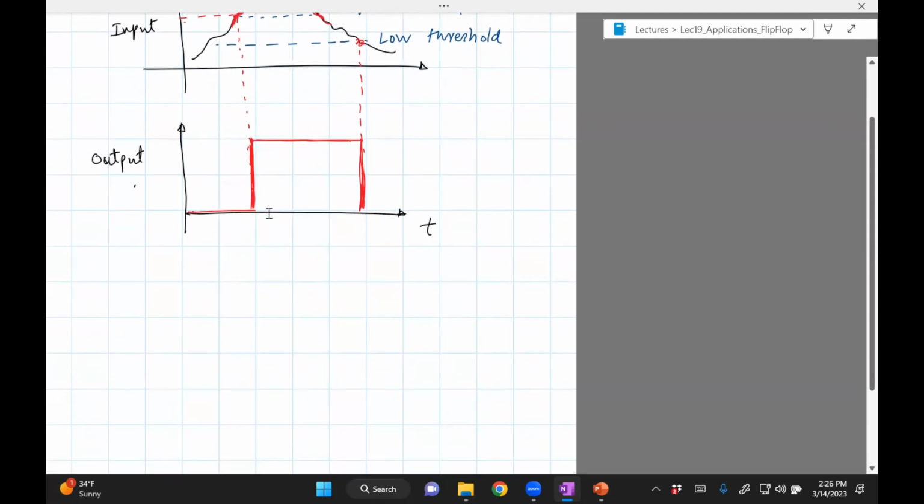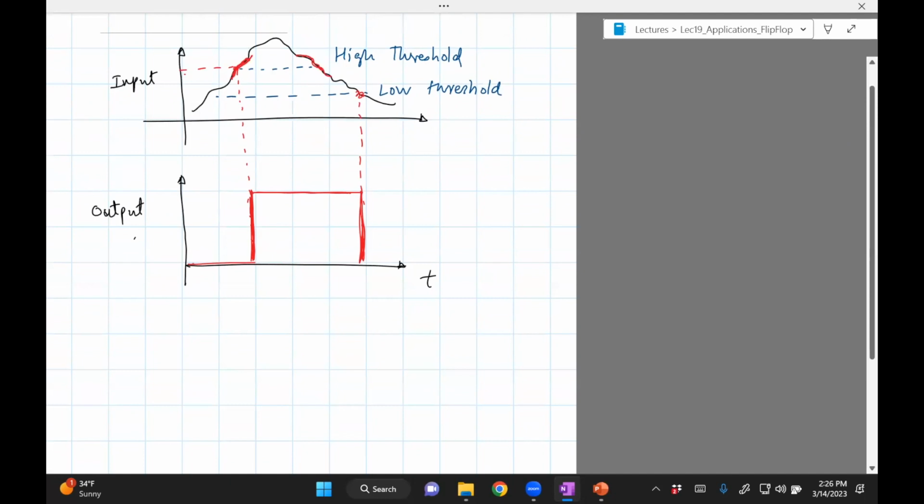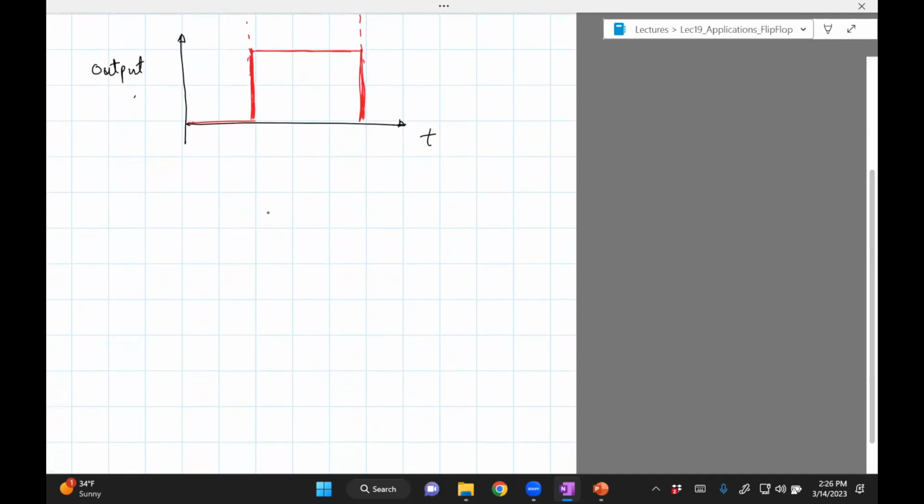Okay. So an example of how this might be used in a circuit is like this. In our example, we had a resistor and a switch, and this was the output. But instead of taking the output directly, you pass it through the Schmitt trigger.